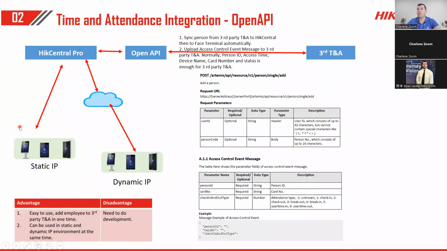So there are two ways that we can connect it to HIK-Central Professional. Either through the static IP address that will be on the site itself, gets pulled into HIK-Central, then to the open API, and then from the API it will go to the third-party time and attendance software. And it works the other way around as well.